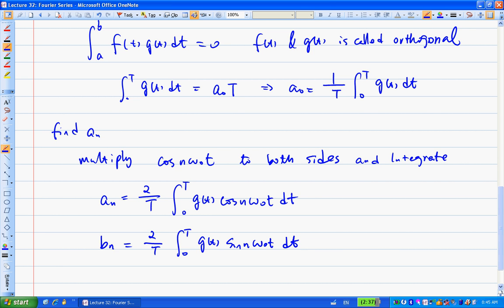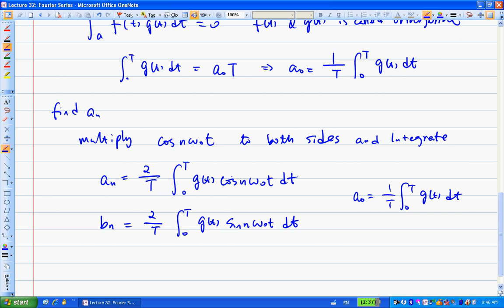One of the things, if you look at the three formulas for a naught, a_n and b_n, they're not too bad. They basically involve sine, cosine, and the original periodic function. What you need to evaluate the integral is the period of the function. How do I tell what the period is?